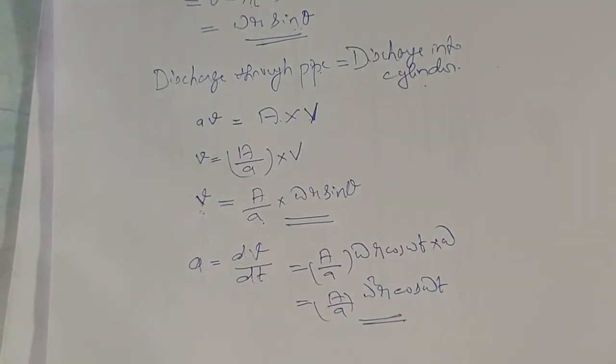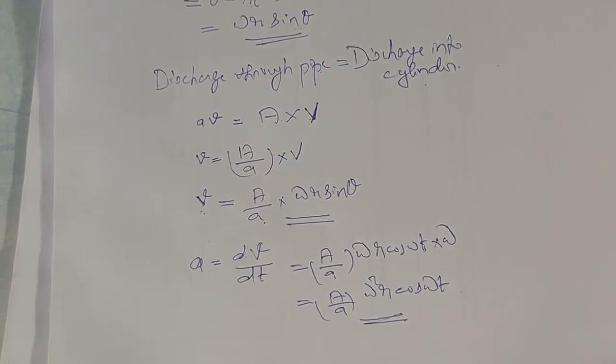So this is the acceleration of water in suction or delivery pipe. It will be A by a omega square r cos omega t.